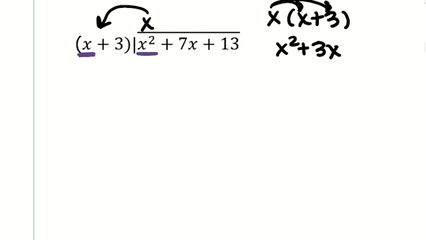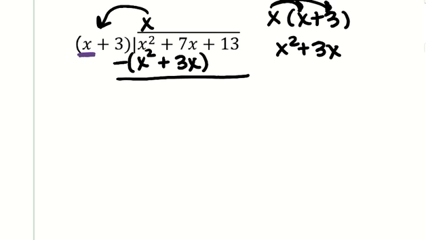You write that down over here, x squared plus 3x. Then we subtract this. x squared minus x squared is nothing. 7x minus 3x is 4x. We drop down the plus 13. And then you say, what do I multiply x by to get 4x?